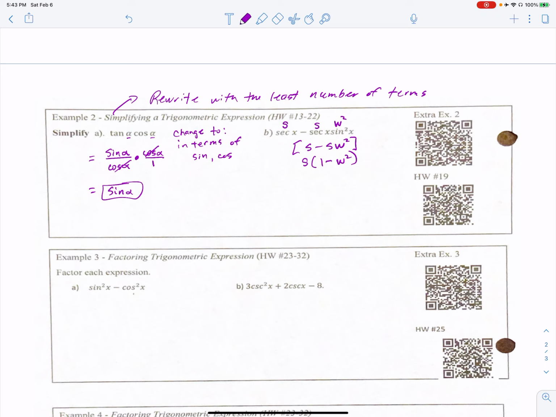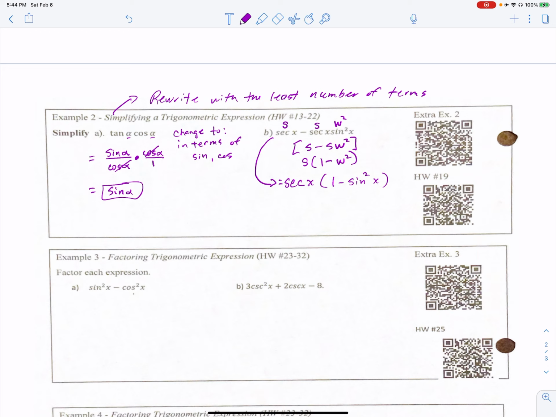So you're taking out the s. But now you're going to need to do this in terms of secant. So what that means is I can take out a secant of x. Don't forget your angle. Call that the argument. You need this x right here. So I'm going to pull that out, and when I pull it out, I get 1 minus sine squared x, because I pulled out that common factor from both of them. Now this is where you need to know your identities, so you're going to have to get very familiar with them.